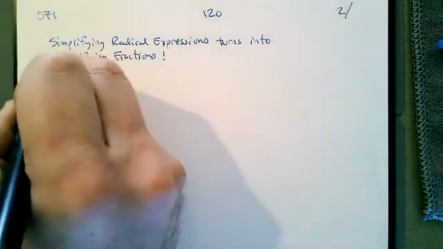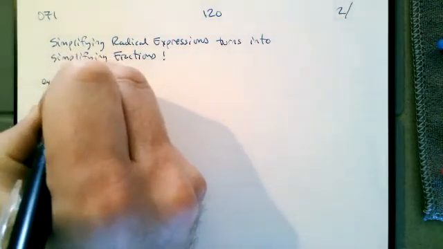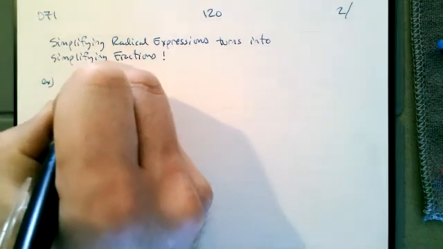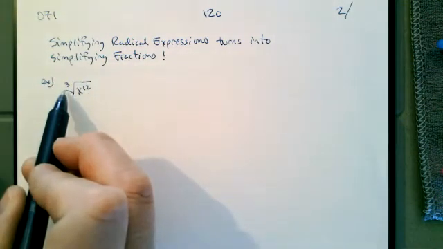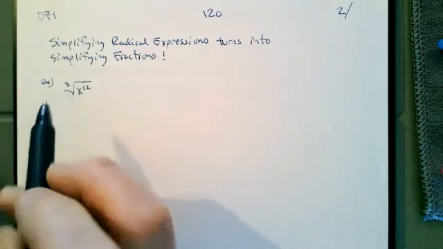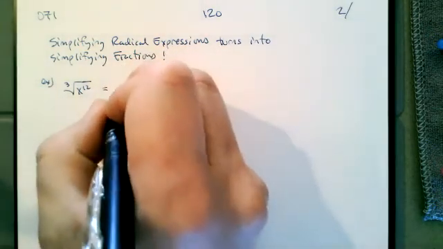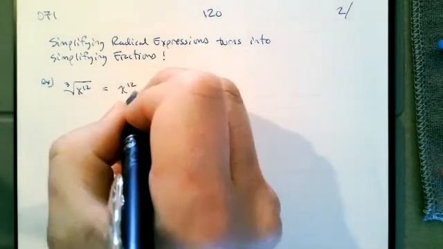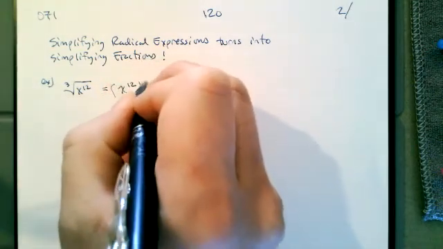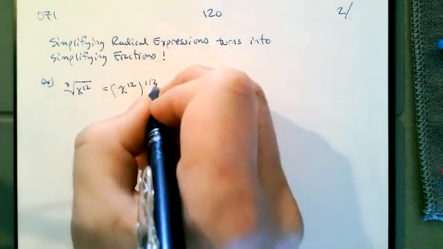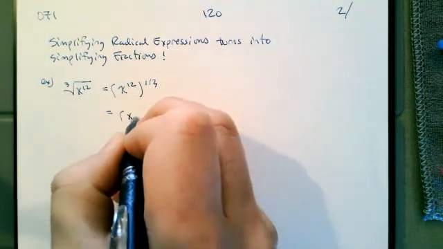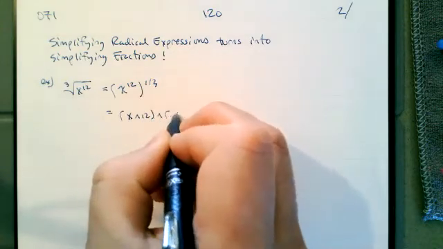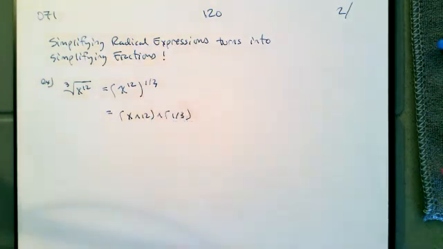So what I mean is, if we've got the cube root of x to the 12th, the index of the radical is the denominator of the exponent. So this is x to the 12 raised to the 1/3 power, or we might say x to the 12 to the 1/3 power.